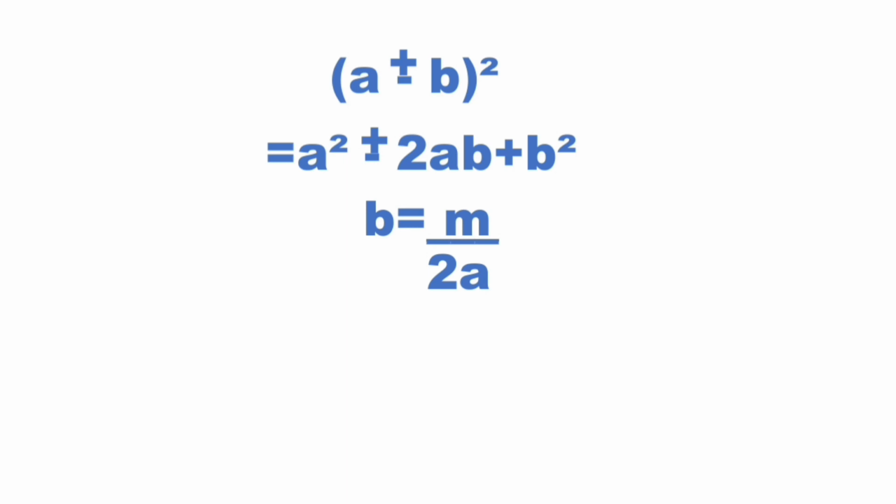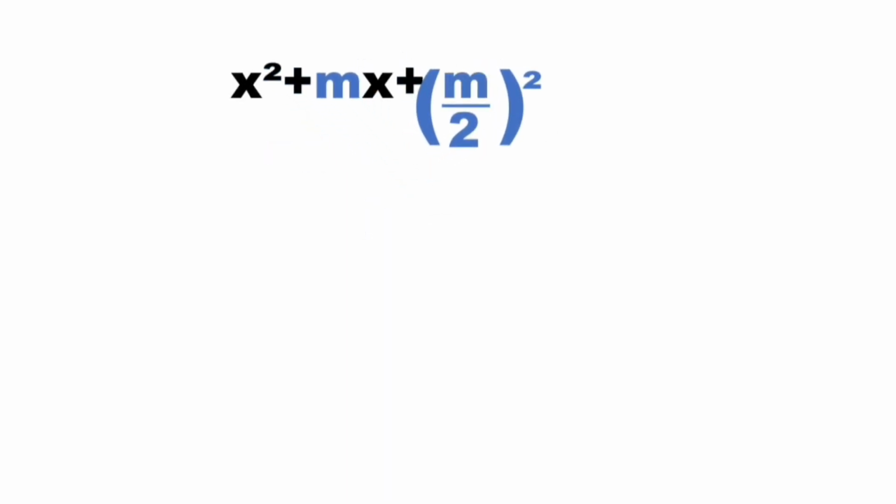And this can be seen in x squared plus mx plus (m over 2) squared, and this is the middle term. And the last term, the b here, is the middle term divided by 2, m over 2.